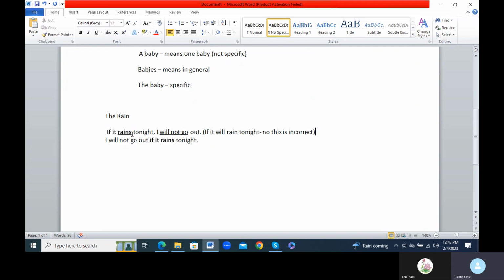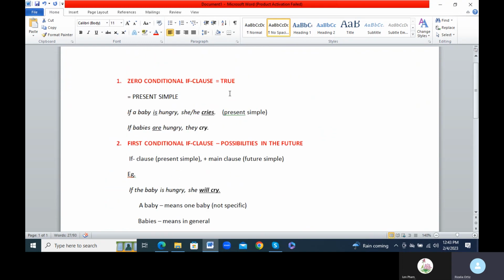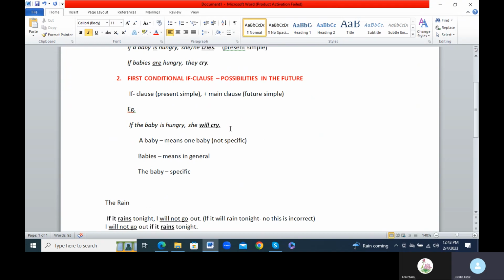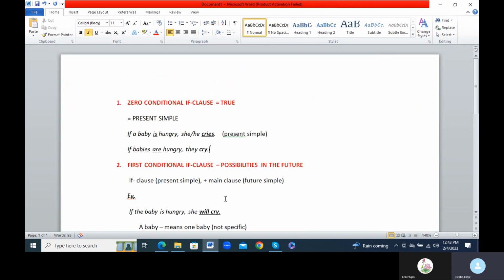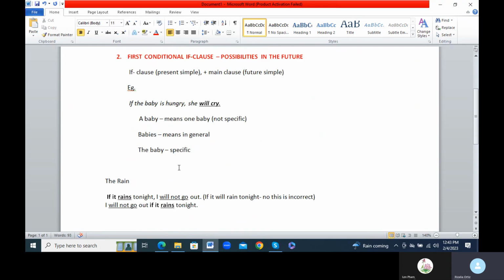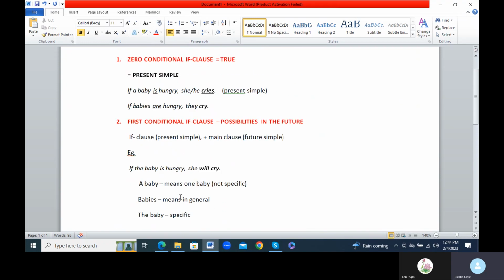But how do we express this sentence as a zero conditional clause? If we try to think of the rain, expressing it in a zero condition, something that is usually true, something that usually happens, how do we change the sentence into a zero conditional?